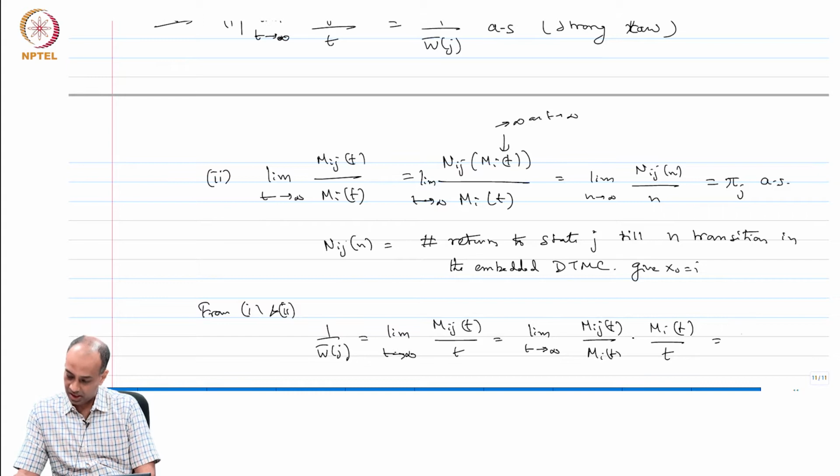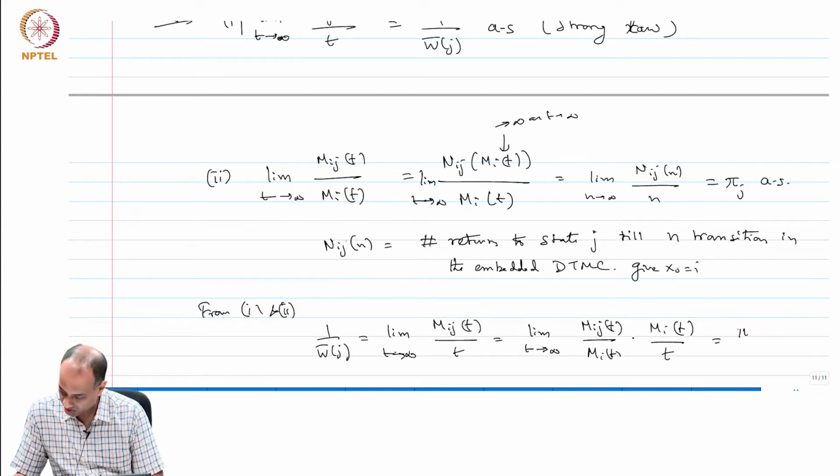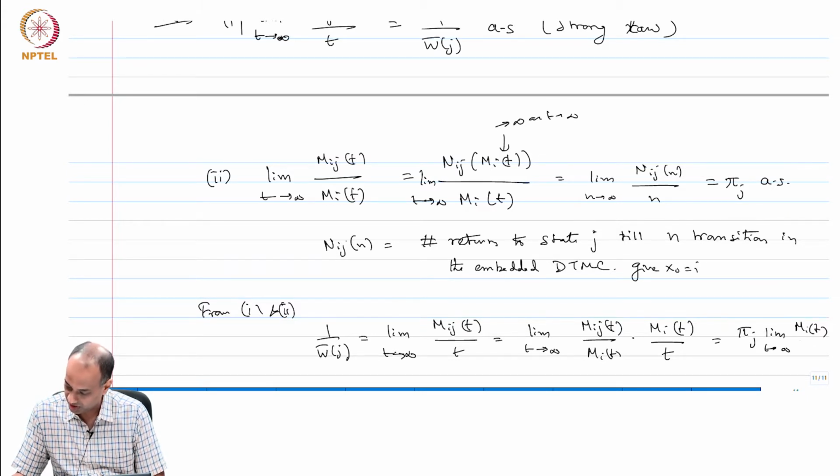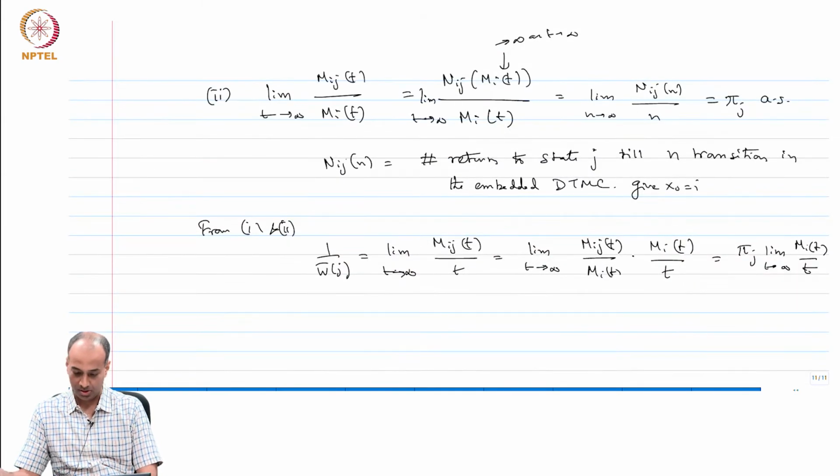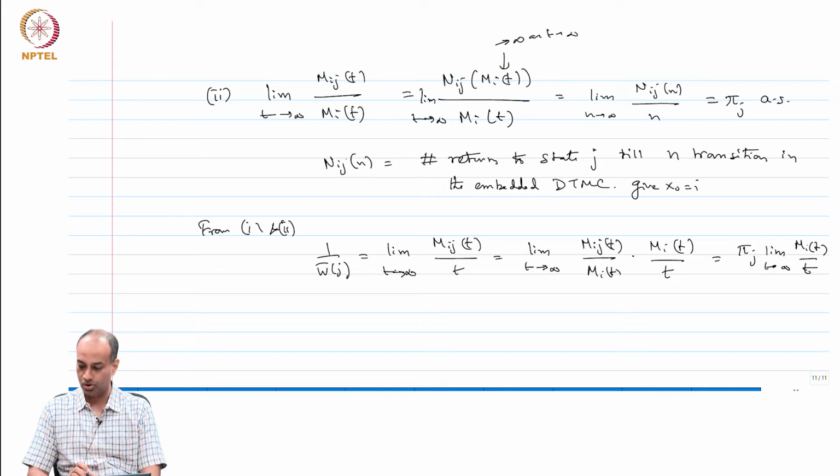That is simply pi j times the limit as t tends to infinity of mi of t over t, correct. All of this holds almost surely.